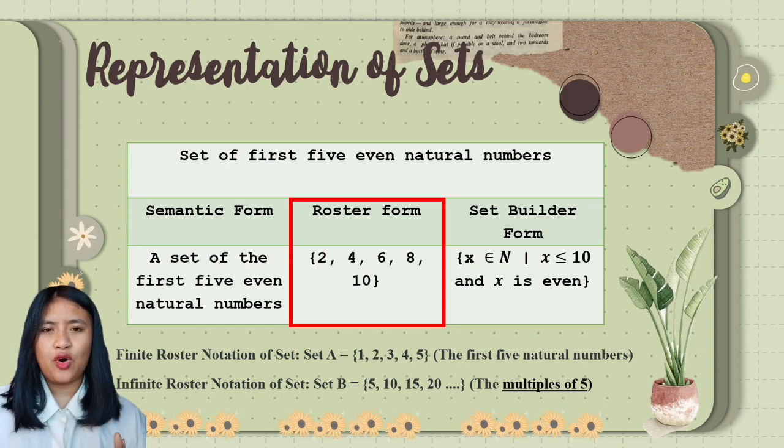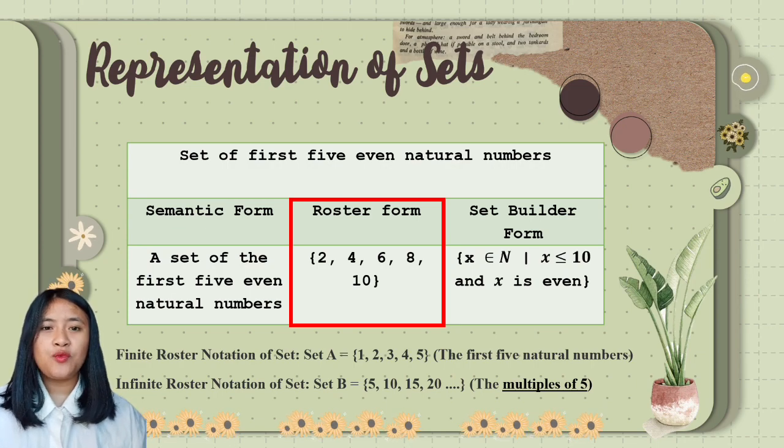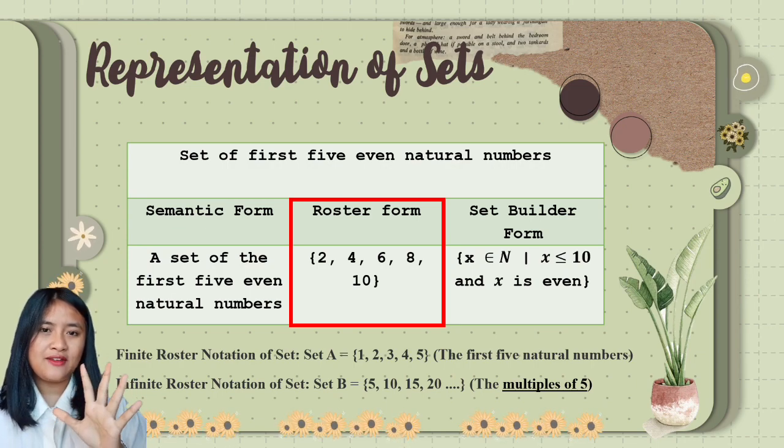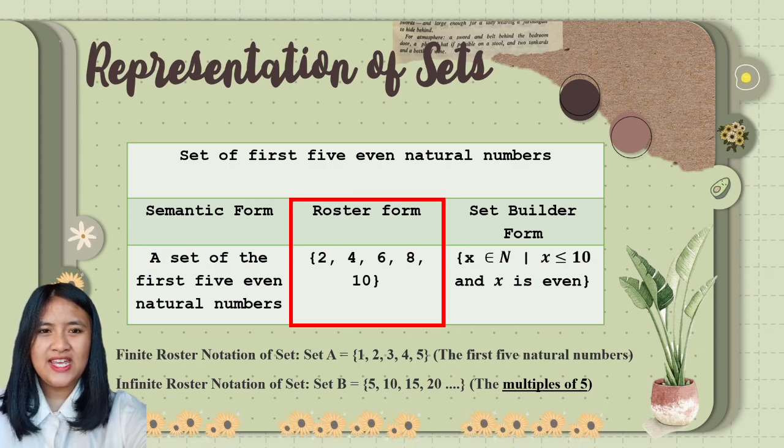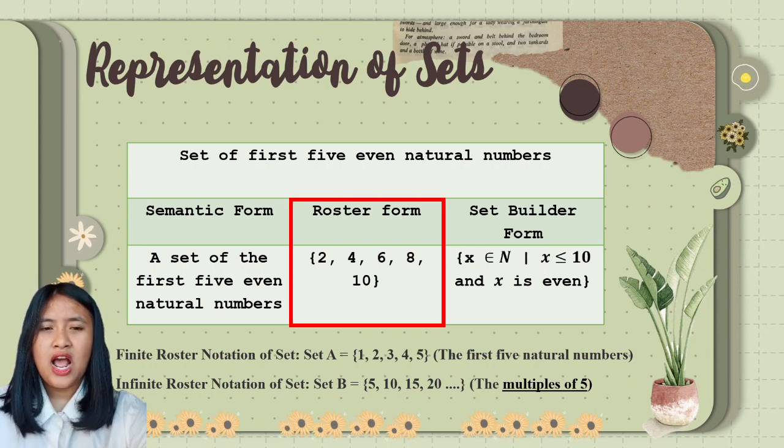In a roster form, the order of the elements of the set does not matter. For example, the set of the first 5 even numbers can also be written as 2, 6, 8, 10, 4.